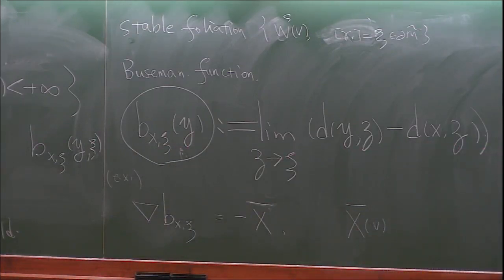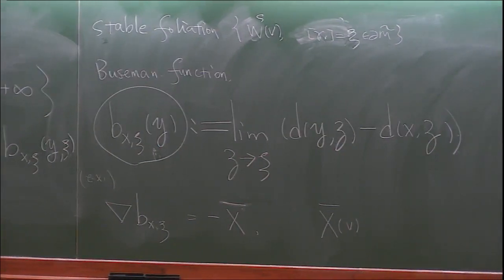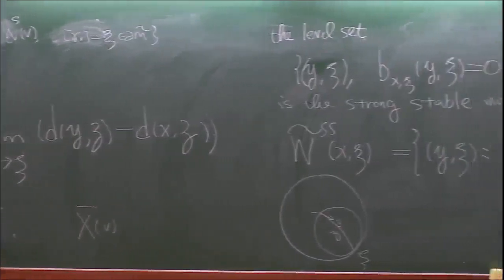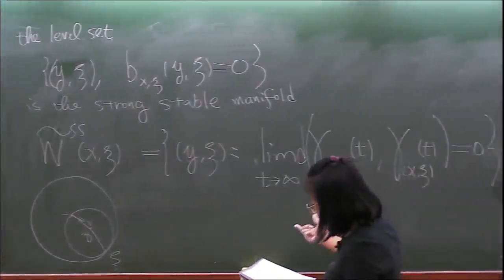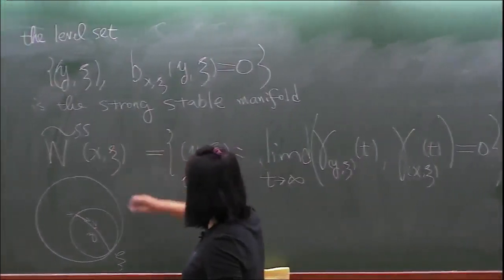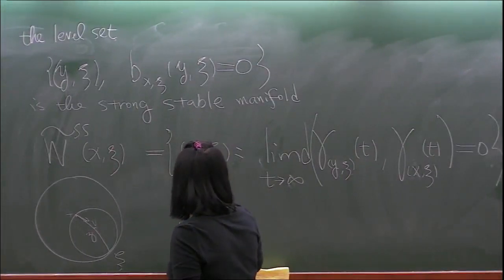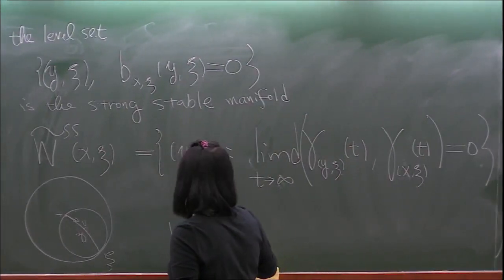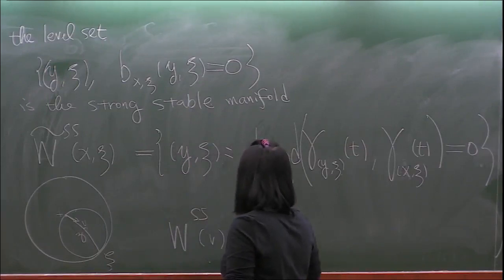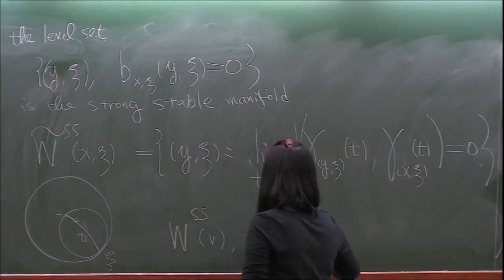So this is the strong stable manifold. And again, it descends downstairs, so you will have the strong stable manifold at v, where v belongs to SM.